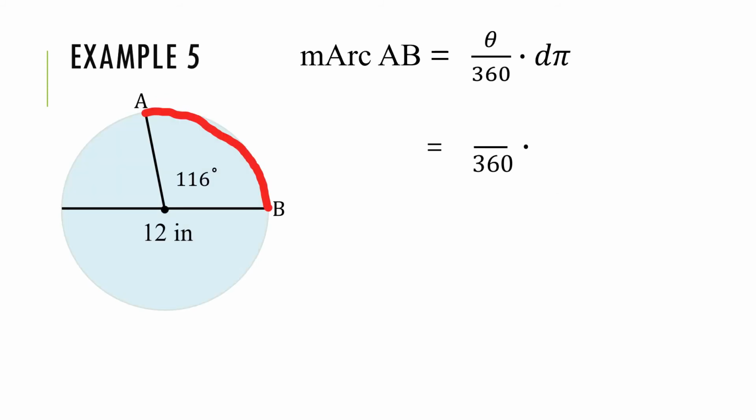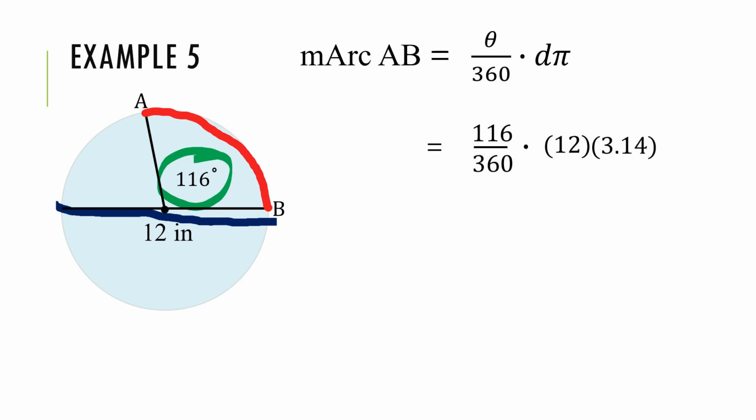In example 5, we're still given the diameter of this circle, which is the distance from some point of the circle through the center to some other point on the circle. So therefore, the measure of the central angle in degrees is 116 degrees. So replace theta with that number, multiply by D, which is 12, times pi, which is 3.14.